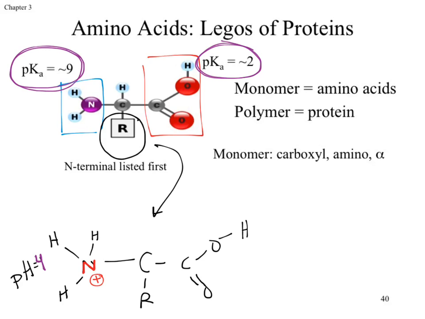It should stay the same. What happens to the carboxylic acid? Okay. The pH of 4 is higher than the pKa, which means I need to remove the hydrogen as H+, which means the oxygen is now negative.